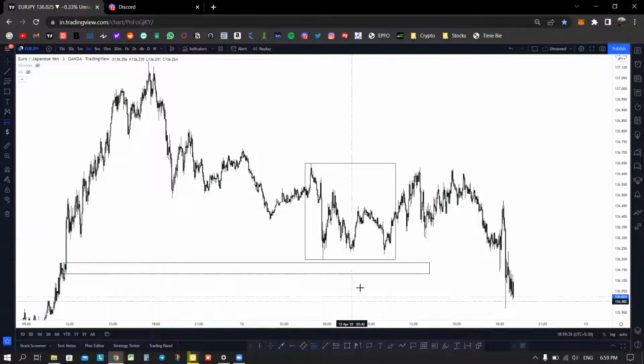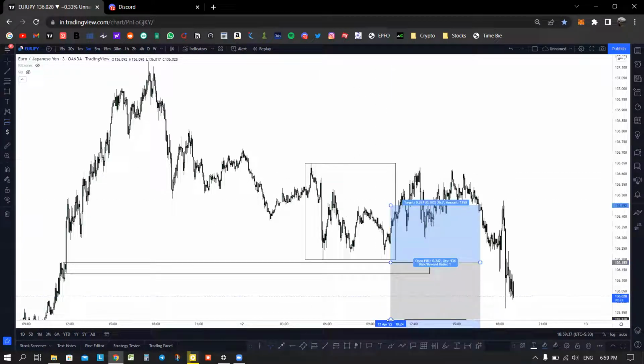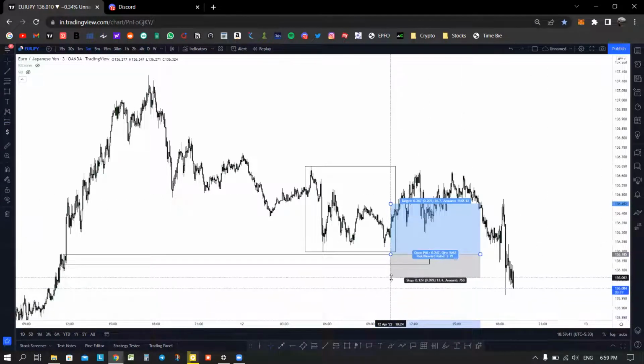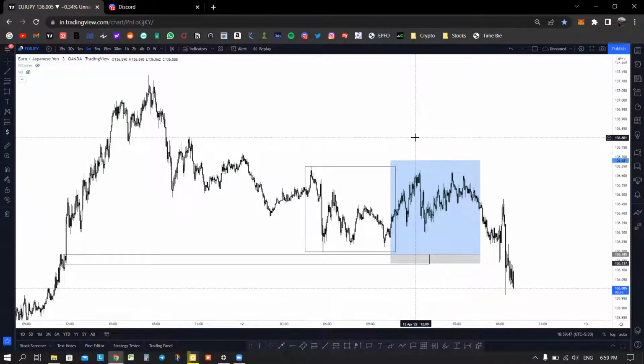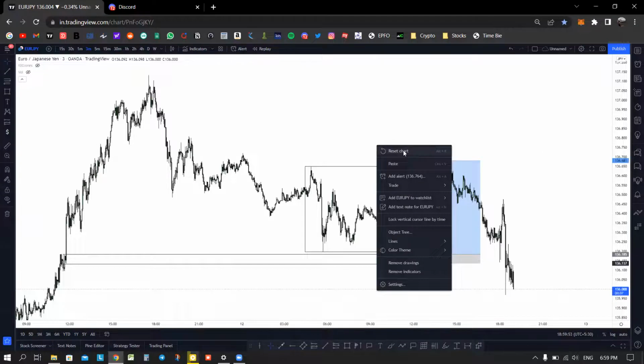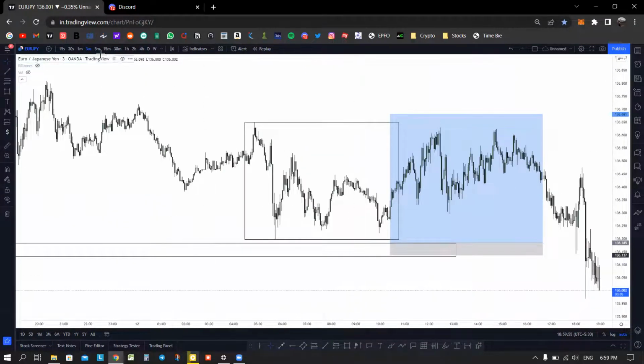So I will look for buys around here, in this zone, to target Asian session high. That's it. It can happen obviously around London session or New York open or close. So that's what I do.